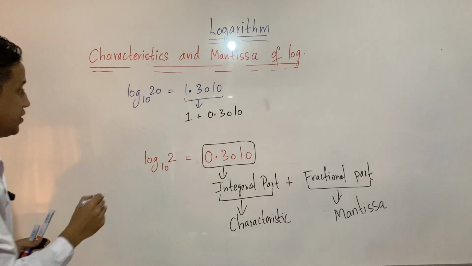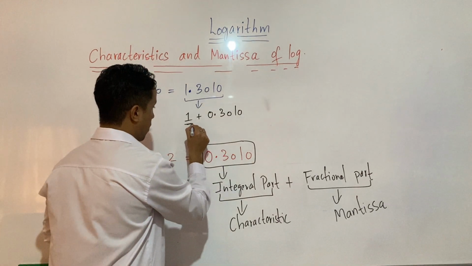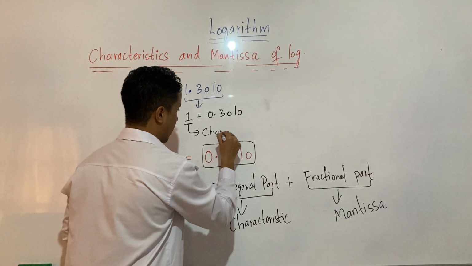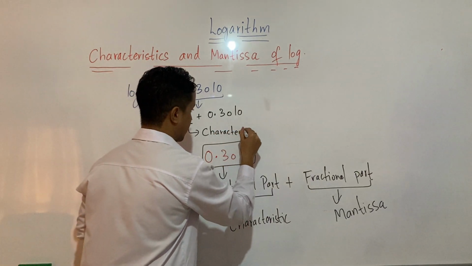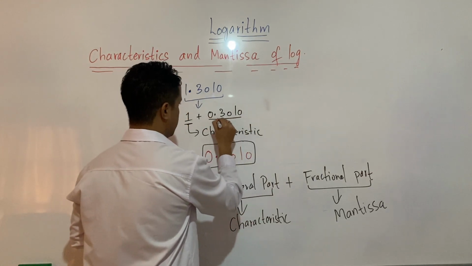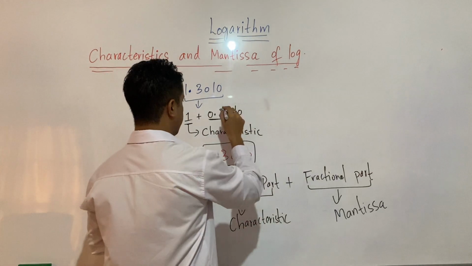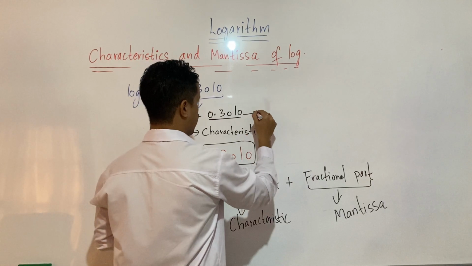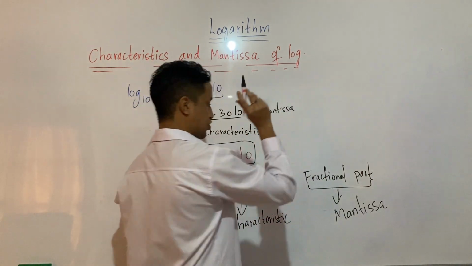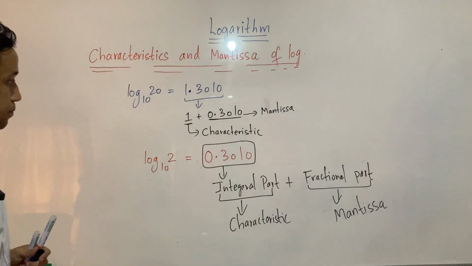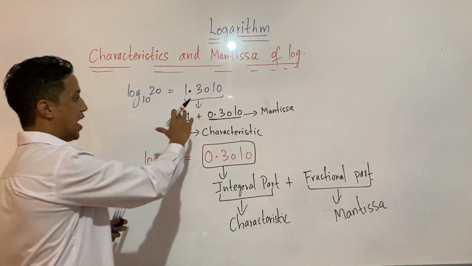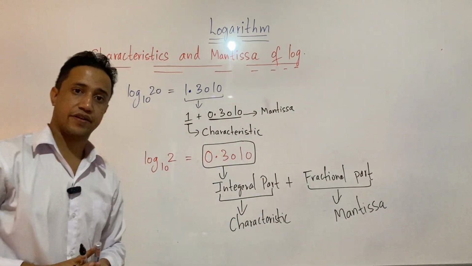This is the integral part, so this is going to be my characteristic, and this is the fractional part, which is going to be mantissa. Characteristic means the integral part, and mantissa means the fractional part.